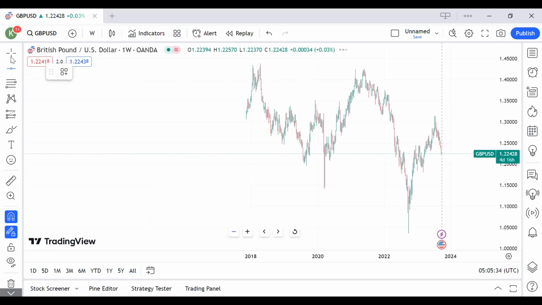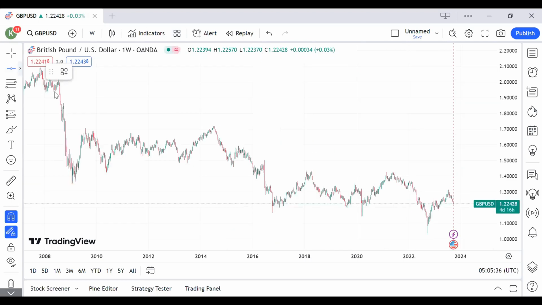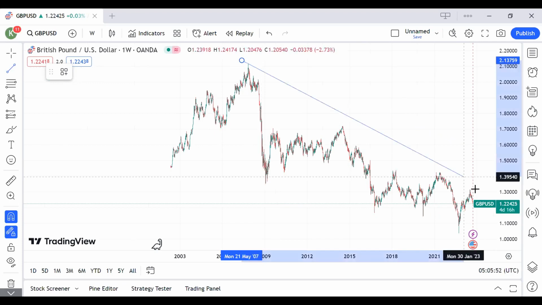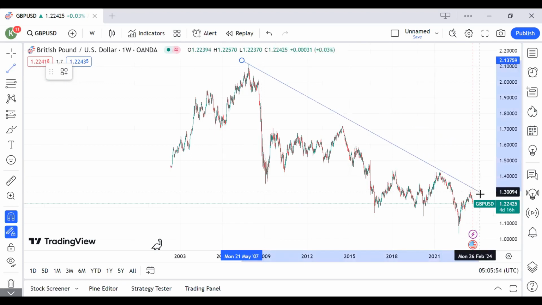So when we look at the trend, we usually use the blue trend line to map out our trend. We are able to ascertain if we are on an uptrend or on a downtrend. Now, if you look at this particular trend, you will see that this is a typical downtrend.